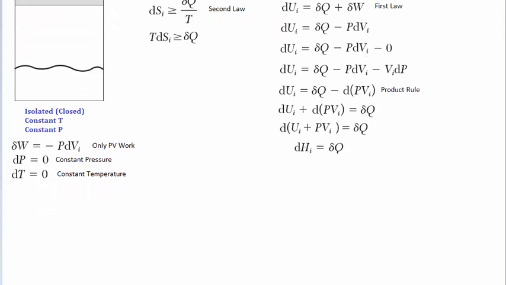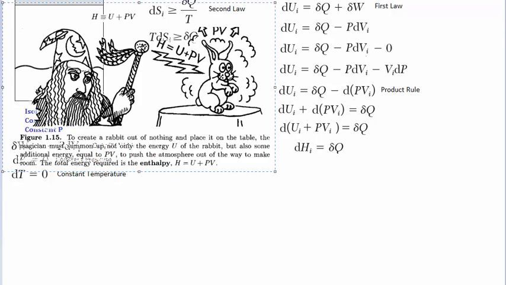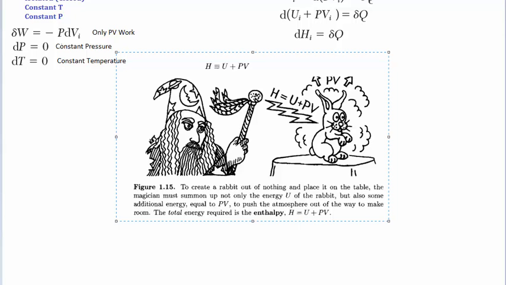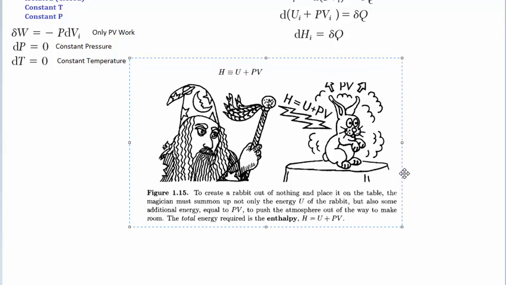Now, first of all, it's very easy to get distracted and forget about what these things in thermodynamics actually mean. We'll see this a bit again, but I'd like to make the point that you should really remember intuitively what enthalpy is. This illustration shows rather comically, if you wanted to conjure a rabbit out of thin air, the total energy you would need was the internal energy of the rabbit, so that's all the interactions going on within the chemistry of the rabbit, or the atoms that consist of this rabbit.